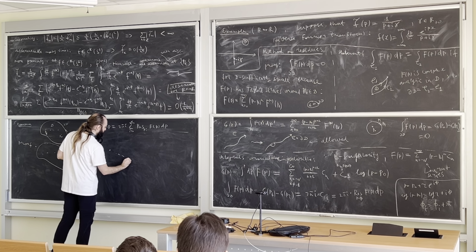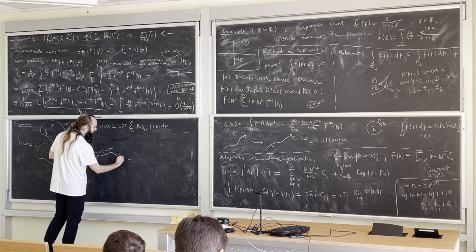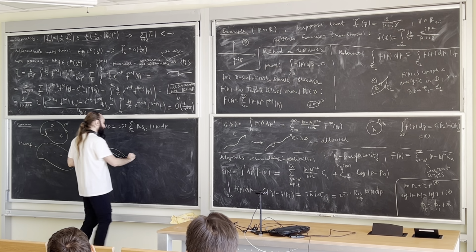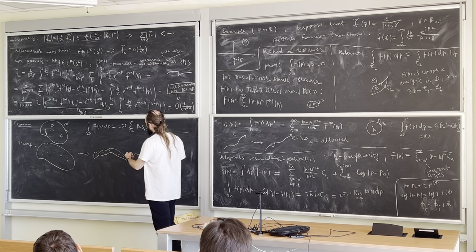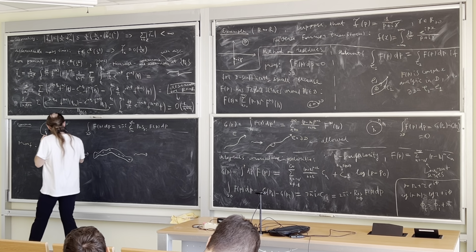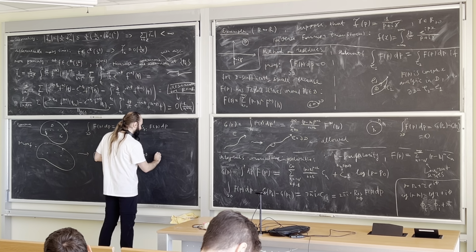So we can deform it to something like this, close to all the singularities, and even further, it can be reduced to a contour around only the set of singularities.